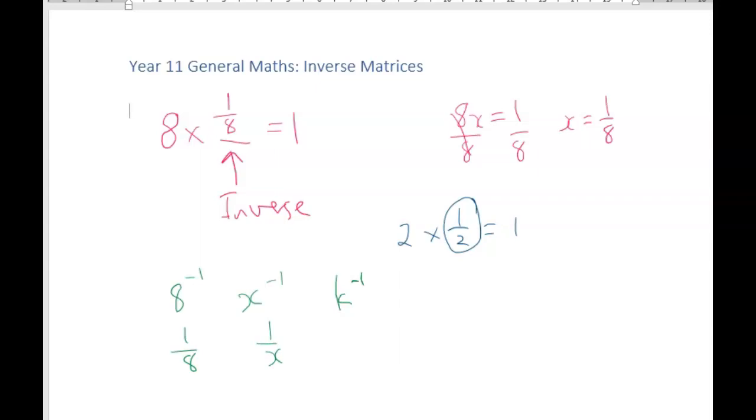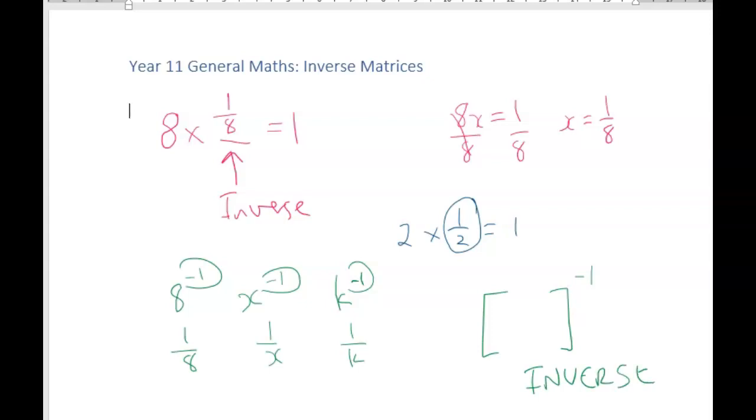Okay, so that symbol to the power of negative 1 implies the inverse. Whenever you see a matrix to the power of negative 1, it is the inverse. All right, so that's just a brief lesson on what the term inverse actually means.